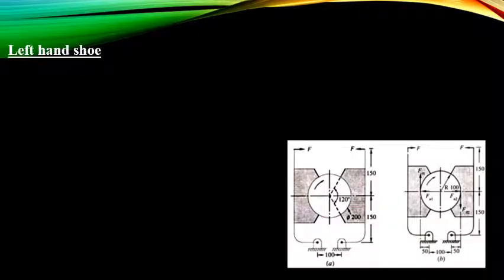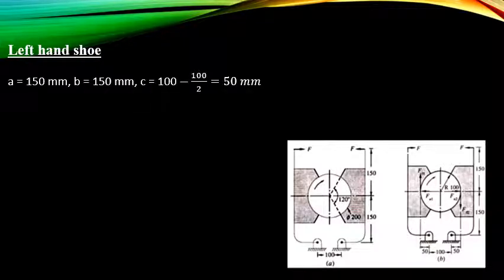Considering the left hand shoe first, we have the dimensions: small a is equal to 150 mm from the figure, small b is equal to 150 mm. So c is nothing but the distance from the fulcrum to the line of action of the tangential force Ft. We have been given the distance from fulcrum to fulcrum as 100 mm, but we know the diameter of this drum is 200 mm, so the radius will be 100 mm.